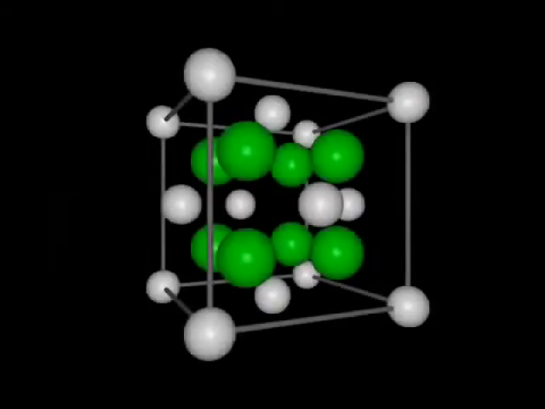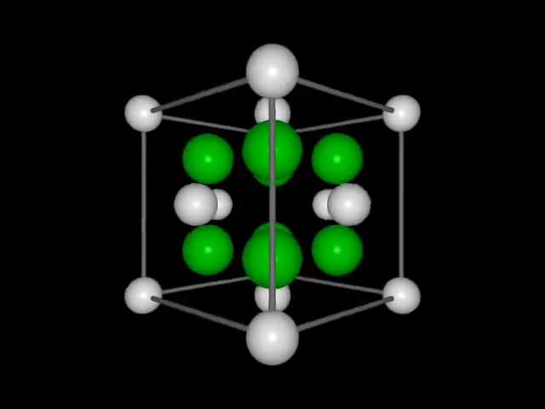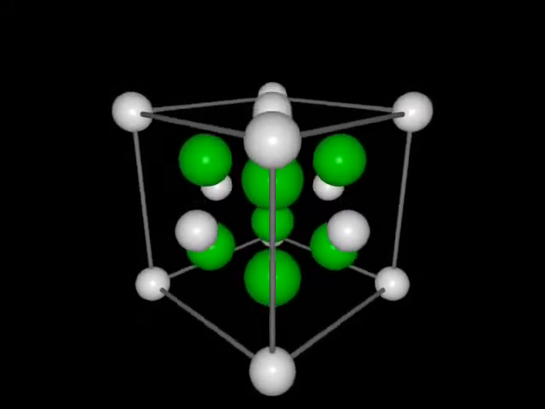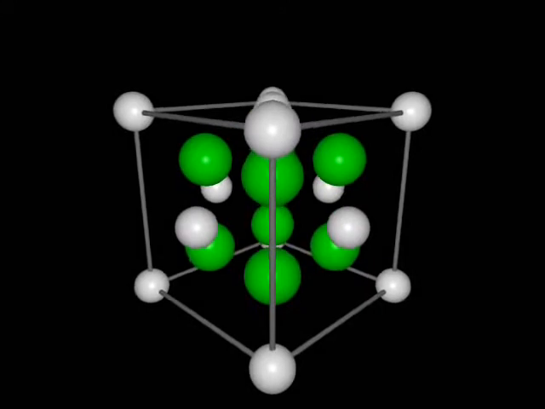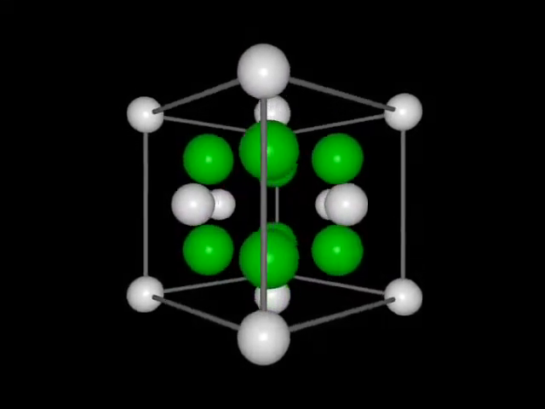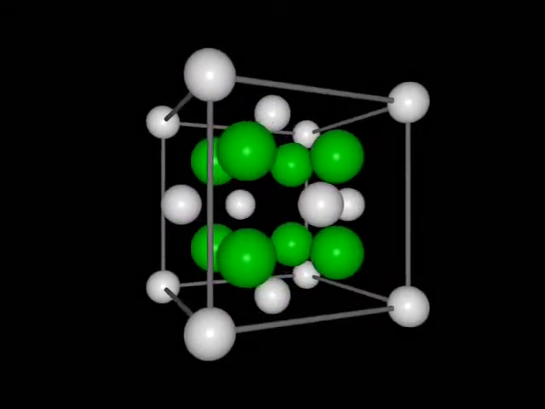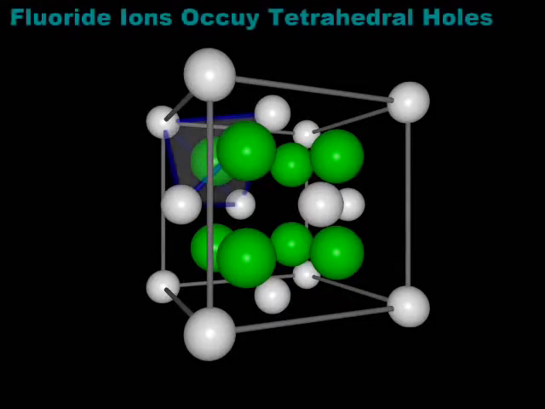A second ionic structure that is based upon a face-centered cubic lattice is the fluorite structure. Fluorite is the mineral calcium fluoride. In the fluorite structure, the calcium ions, represented here by the white spheres, form a face-centered cubic array. The fluoride ions, represented by the green spheres, occupy the tetrahedral holes.